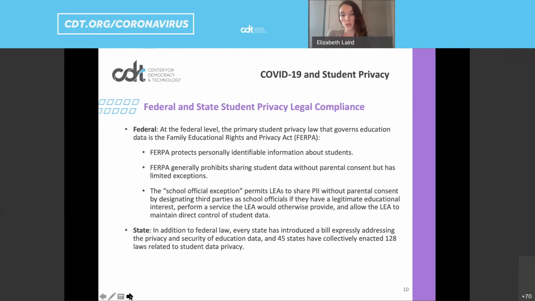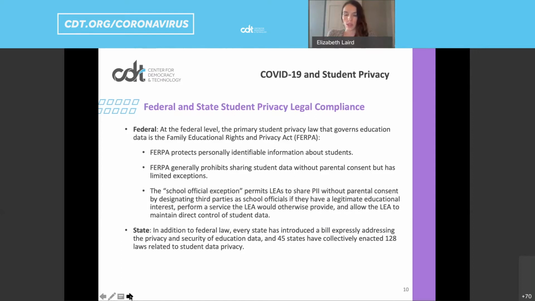But in order for a school or an LEA to use that school official exception, which means that they could share that data without parental consent, the third party must have a legitimate educational interest. So you can't share that personally identifiable information if the purpose is going to be used for something beyond education. They have to perform a service that an LEA would otherwise provide, and they have to maintain direct control of that student data.